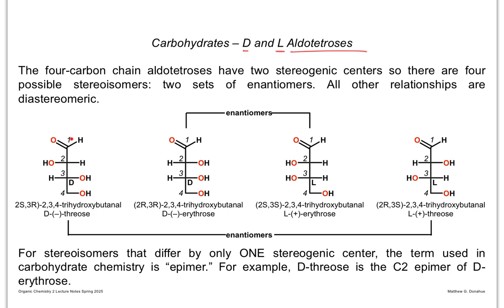Again, the aldehyde's at the top of the chain, but let's look at the bottom of the chain. So carbon 4 is your primary alcohol. On the D side, we're keeping that penultimate hydroxyl group to the right.